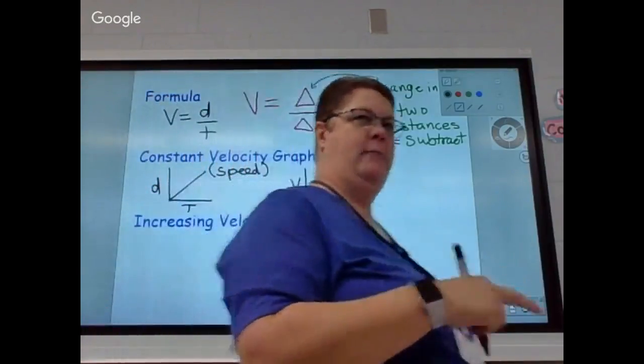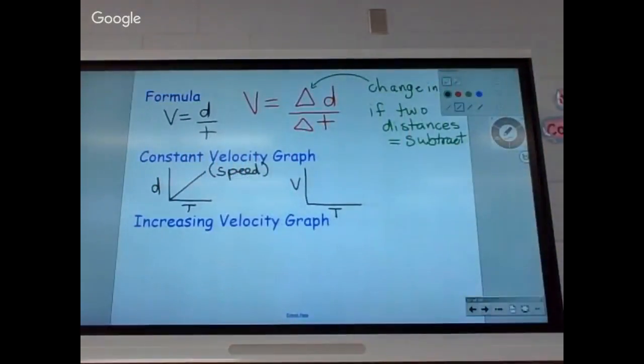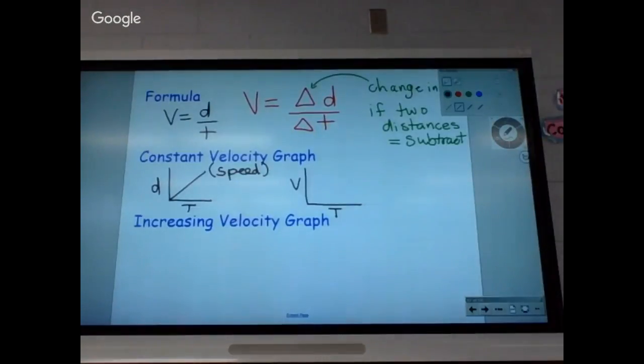Now, I'm going to open it up to let everybody answer this one. Think math class. Velocity and time. And I'm telling you, constant velocity. Velocity is not changing. How would the graph have to look?